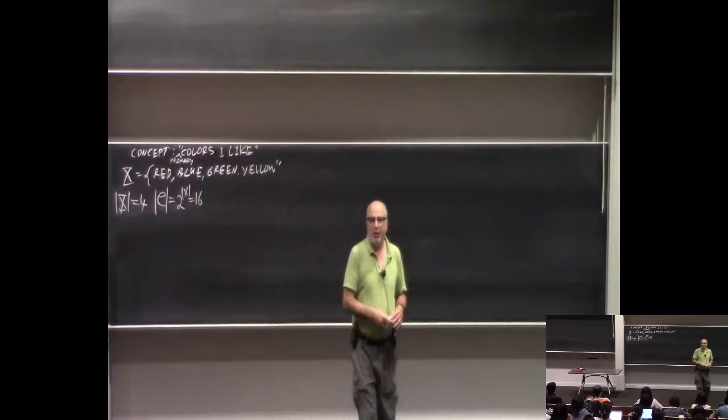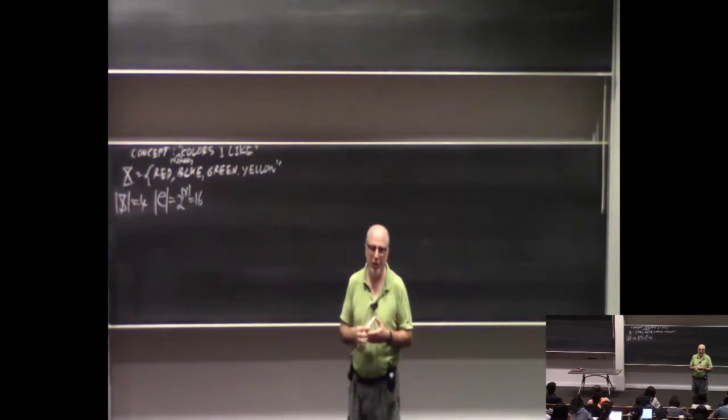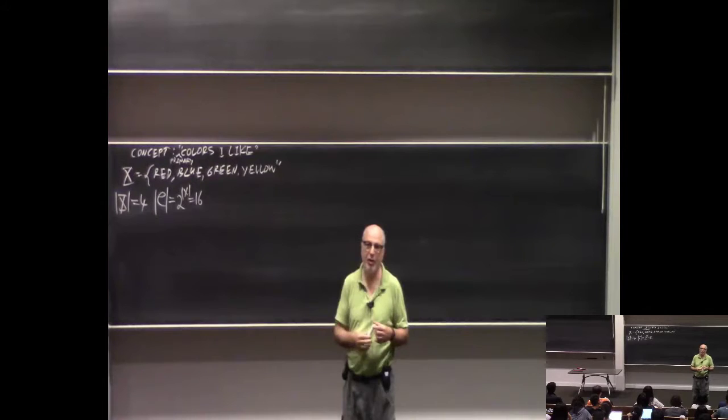I talked a lot about different ways of visualizing and thinking about binary functions. You can think about them as functions that produce 0 or 1, as subsets of the input space, or as bit vectors. And most useful here is to think about them as bit vectors.